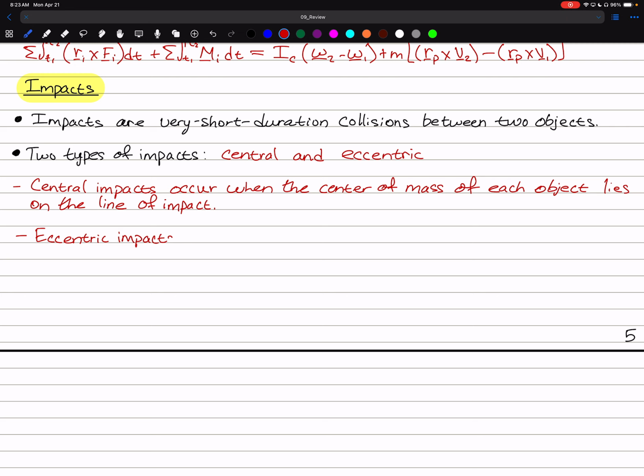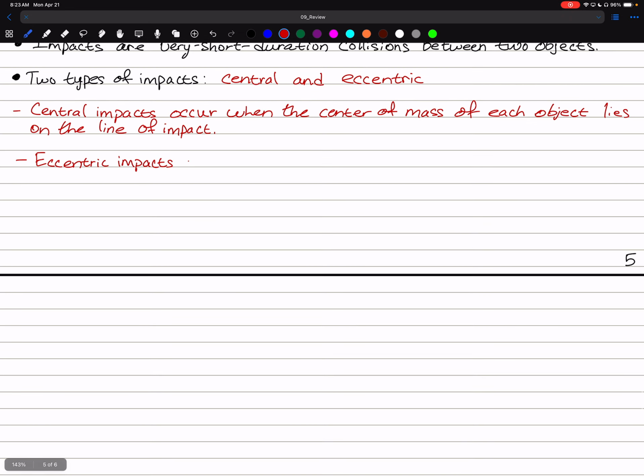So eccentric impacts occur when the centers of mass do not lie on the line of impact.